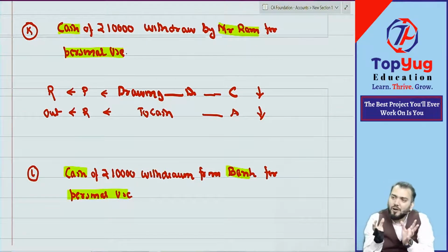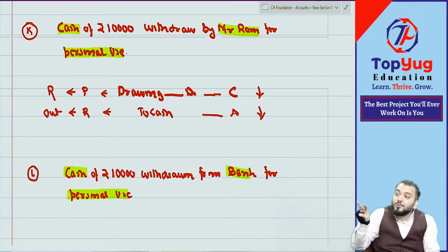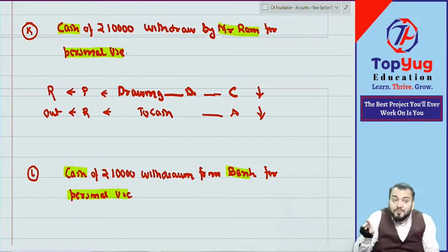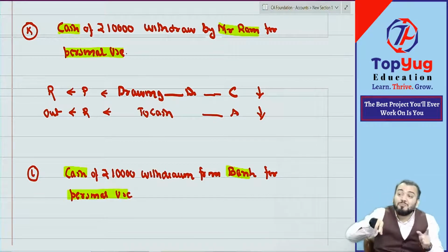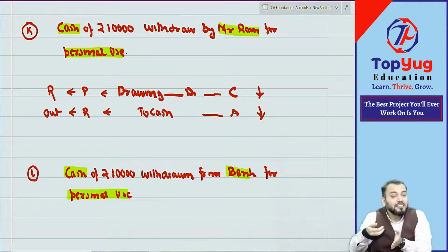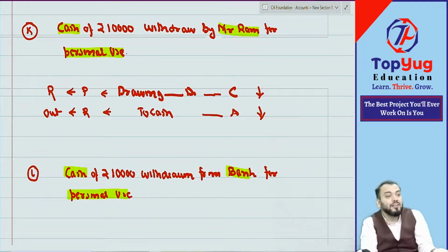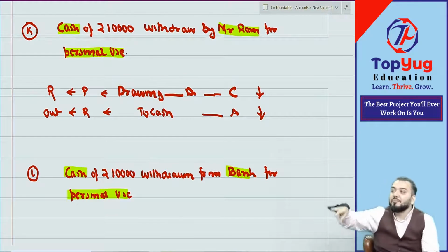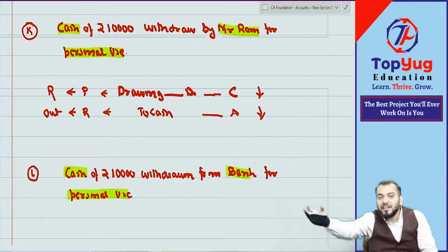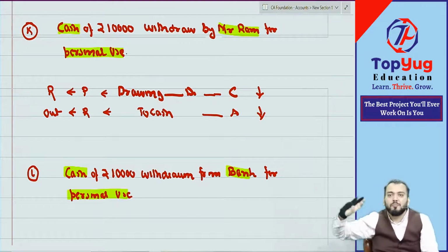So business cash is not affected only. We are here to find out two aspects which will affect the financial position of business. Cash is withdrawn, but that cash is taken by Ram. His business cash is not affected. I went to the bank account, collected cash, went to the market and purchased something for personal use.